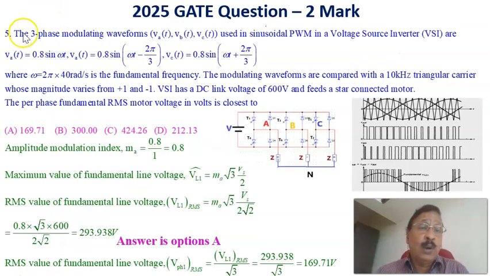Next problem, the fifth problem, that is a 2025 GATE question that carries 2 marks.